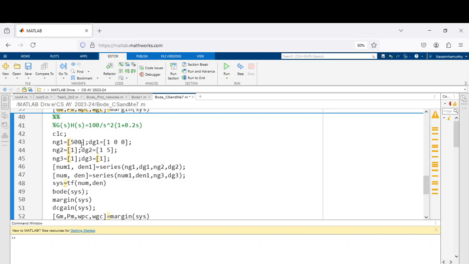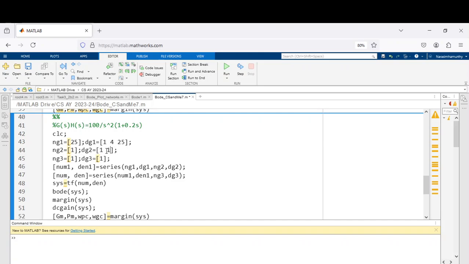So this is now 25, this is okay 1, 4, 25, and then this is 1 and this is 1 here. Okay, that's it. We have 25 s square plus 4s plus 25.